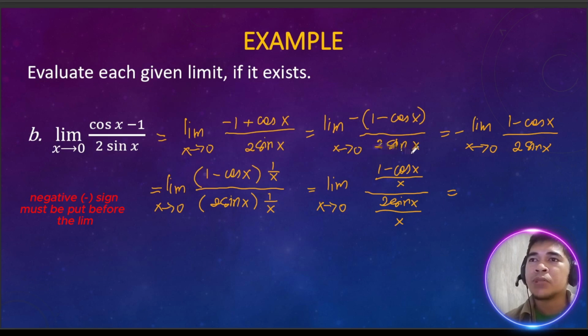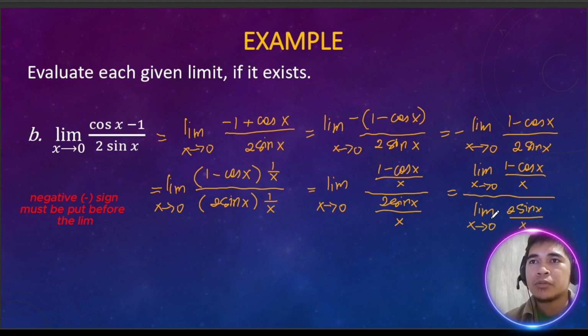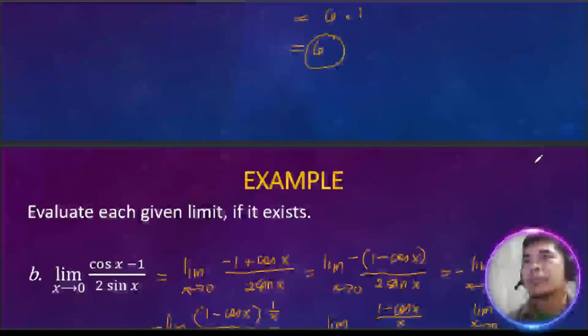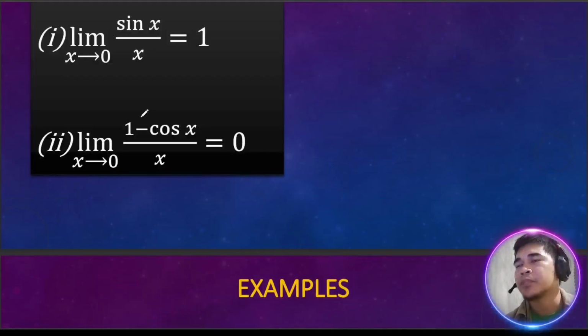So, ang atong numerator karon na natay limit of 1, ang klarohon, limit of 1 minus cosine x over x as x approaches 0 over limit of 2 sine x over x as x approaches 0. So, atong numerator ron, kapareha na siya og forma diri. 1 minus cosine x over x, in which ang limit ana is 0.